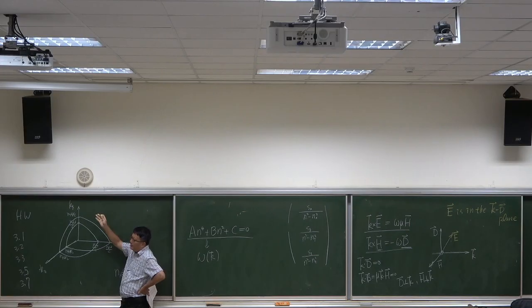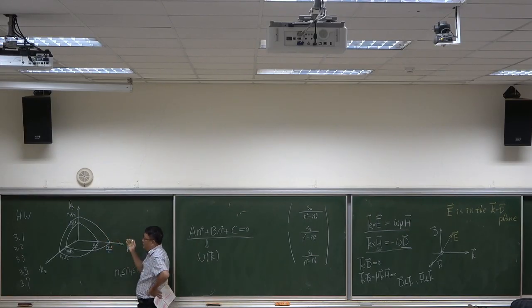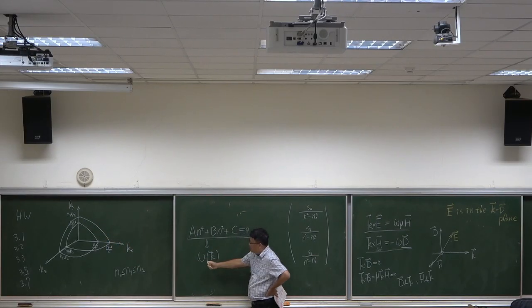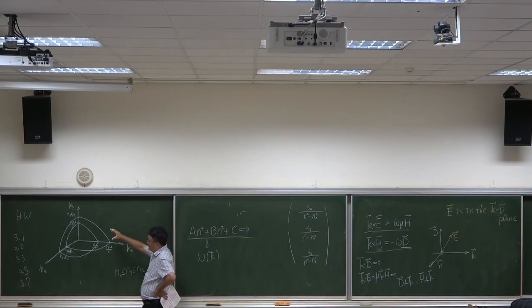So if you plot all the possible k points corresponding to the same omega frequency, then you get an ugly double shell surface.